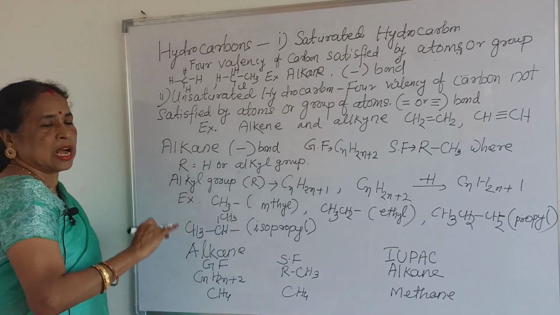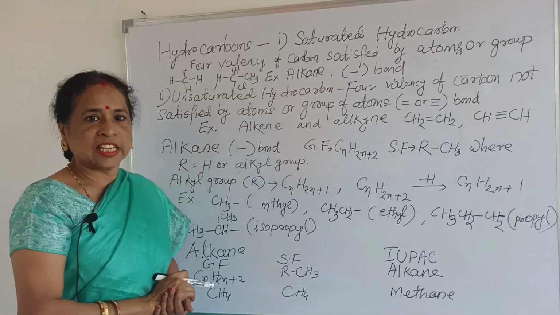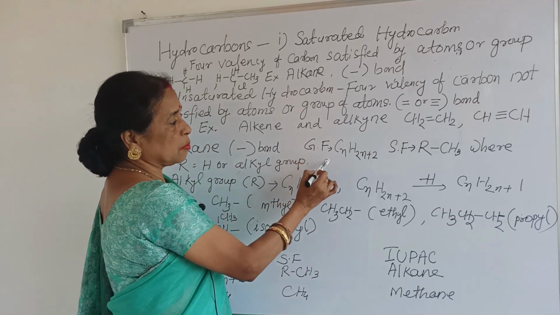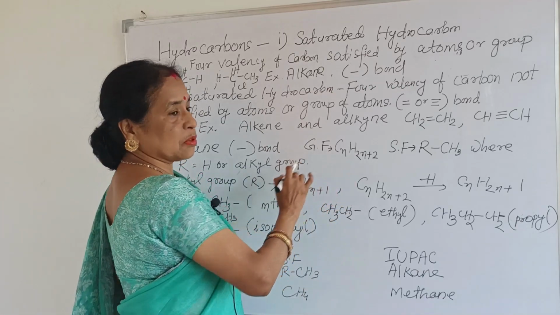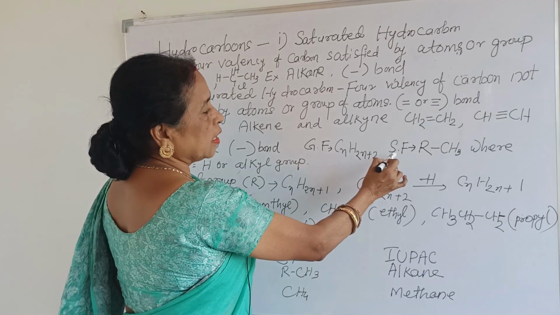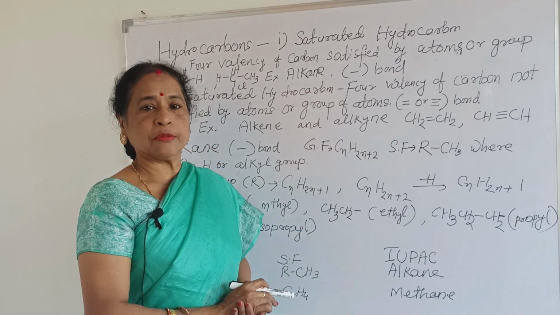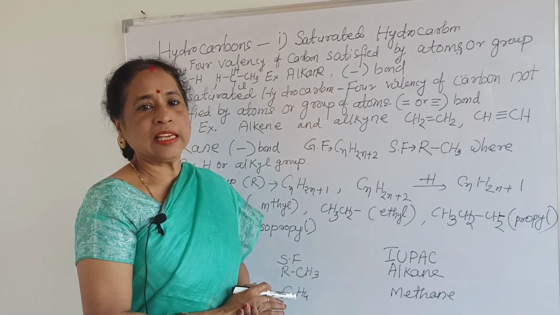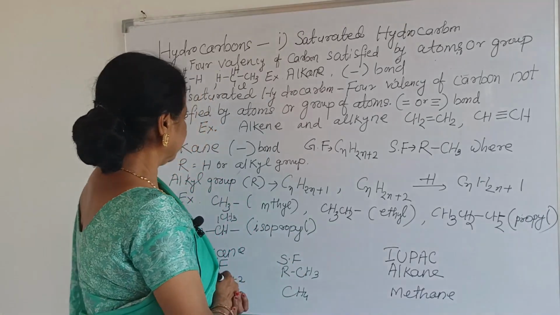Then come to alkane. Alkane, here you know, contains single bond and its general formula is CnH2n+2, where n is one digit, and here you write a structural formula, that is RCH3. What is R? R is the alkyl group or maybe hydrogen atom.